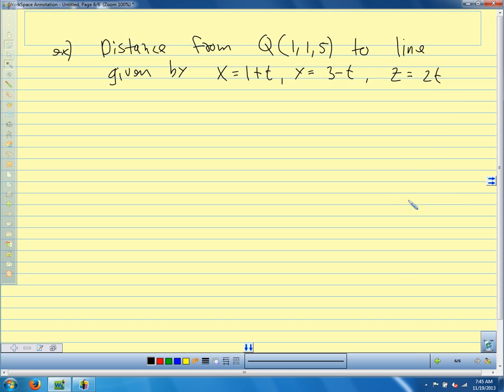So we need two things to find our distance. We need a point on the line, any point, and we need our direction vector. How do we find a point on this line?